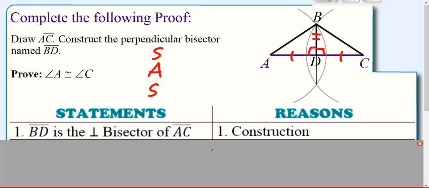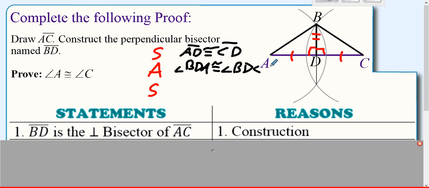So identify what we've got real quick. We've got our sides, AD congruent to CD. We got the angle BDA congruent to BDC, or you could have flipped those letters around, that's okay too, CDB and ADB, that would work too.